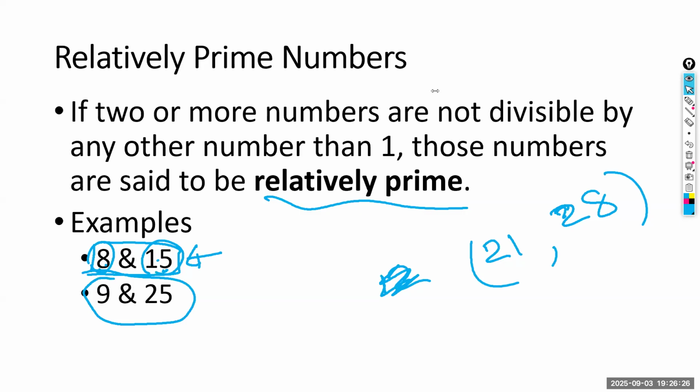But if you say not relatively prime, then you must say what the common factor is. Both numbers are divisible by 7. So that means these two are not relatively prime.